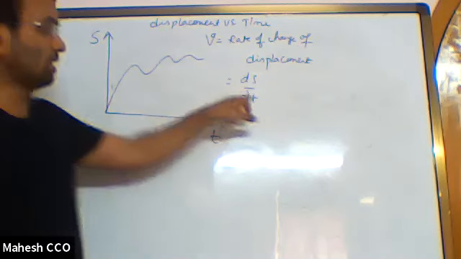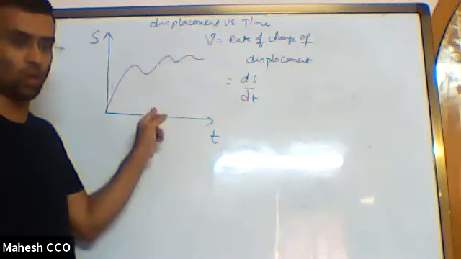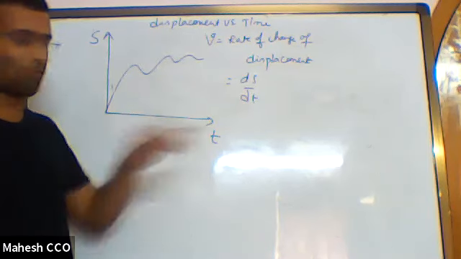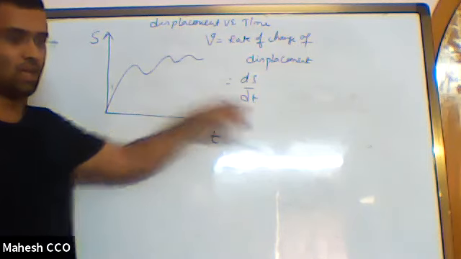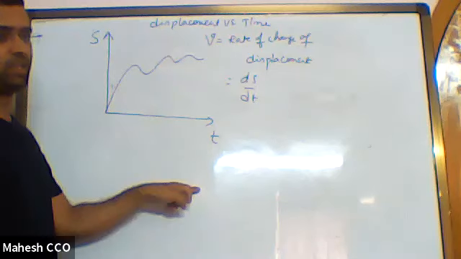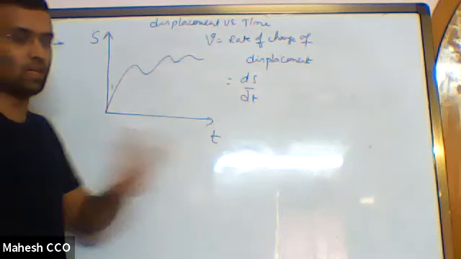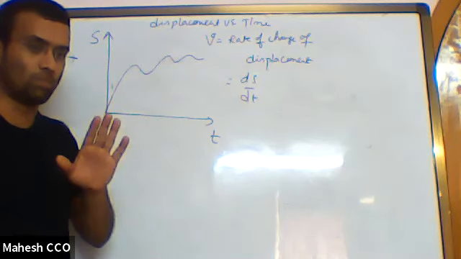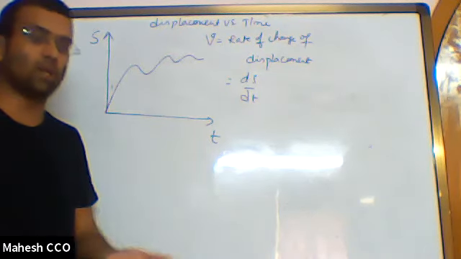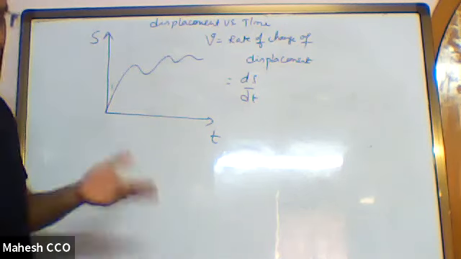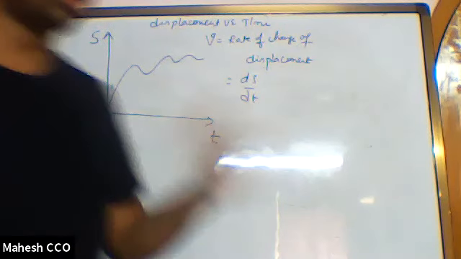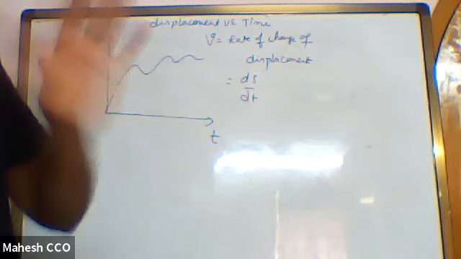When you are taking the differential and its meaning on the graph, you must be careful that if this is s, this is t, here also this should be s, this should be t. For example, if I give you t versus s, then ds by dt is not the slope. Which slope should be taken in that case, all that I will tell you.